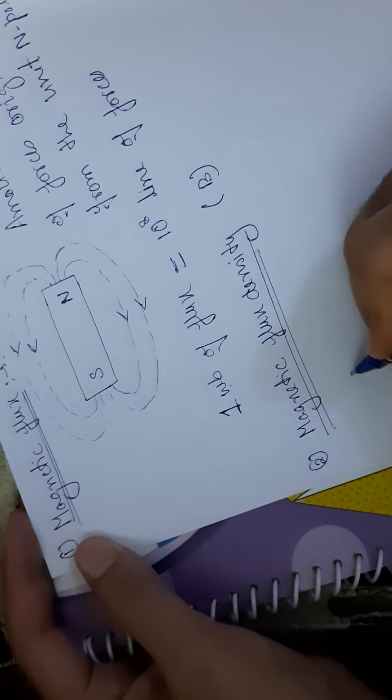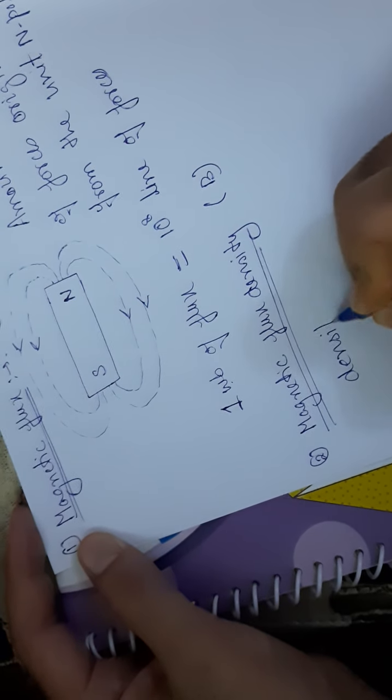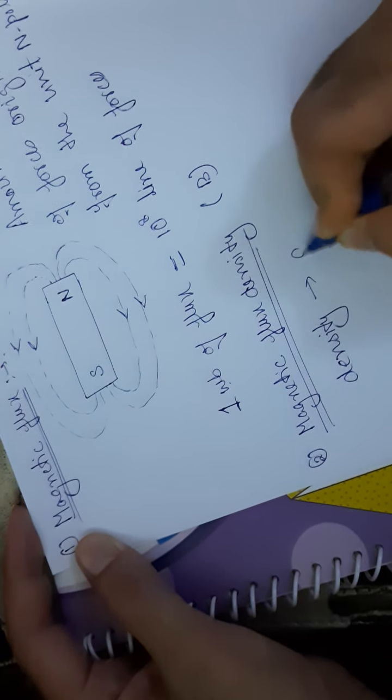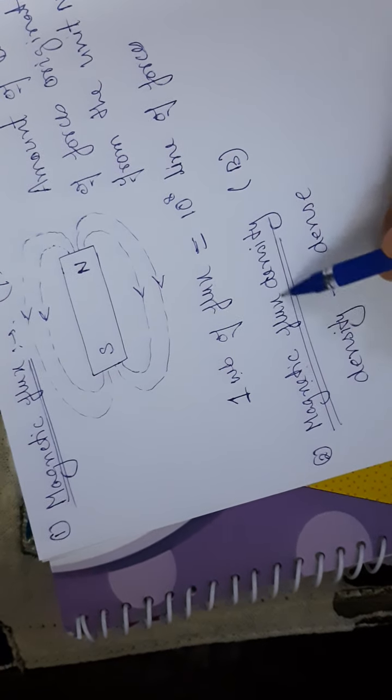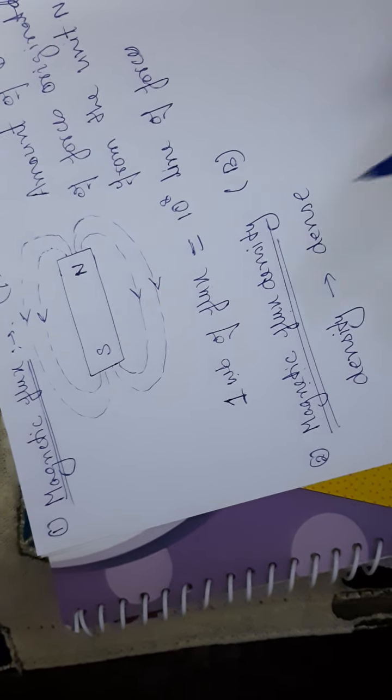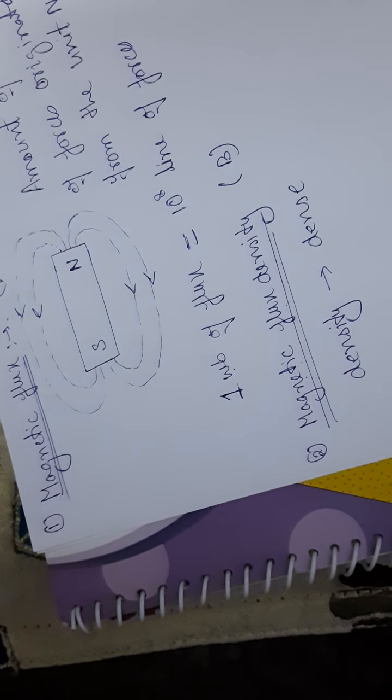So it is density. Magnetic flux density means how dense the magnetic flux is. Suppose you want to calculate the population density of your district, say Avantipura.